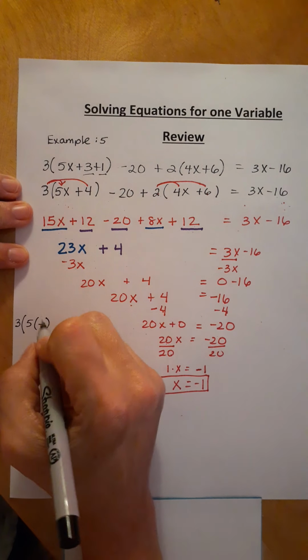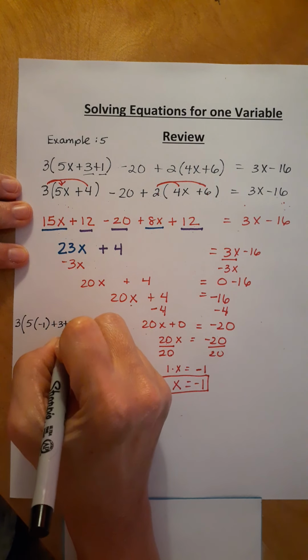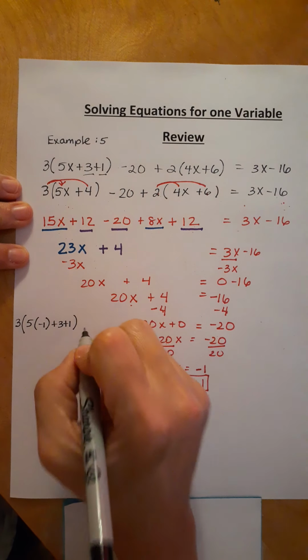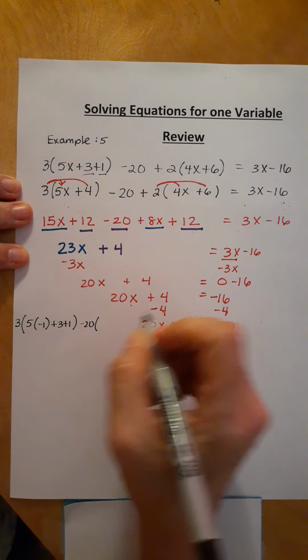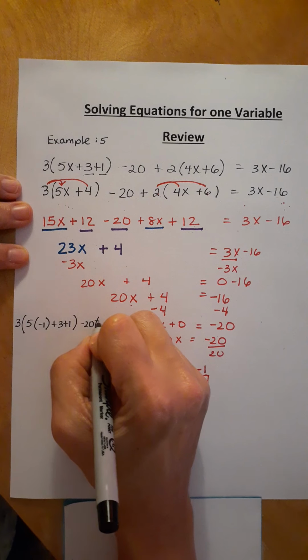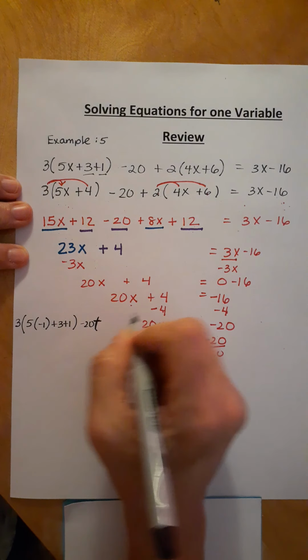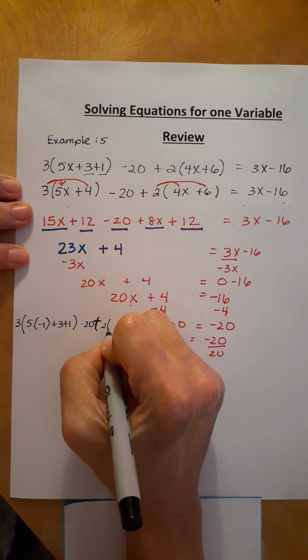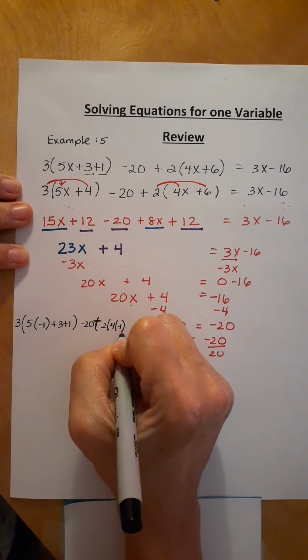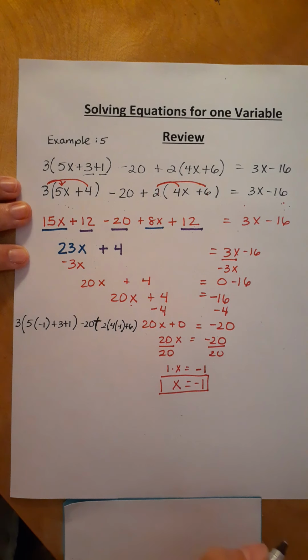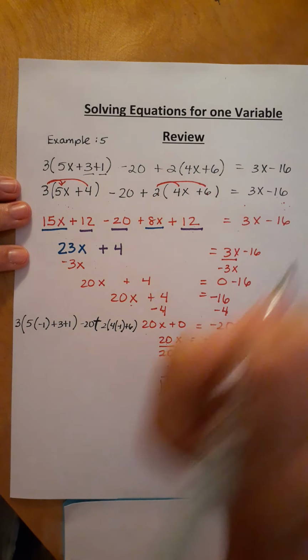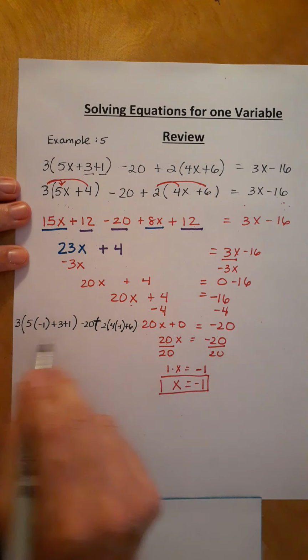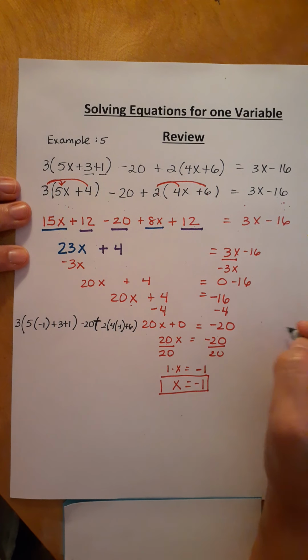It's going to be fun because there's a negative. Plus 3 plus 1, -20. Oops. Plus. My bad. Plus 2 times 4 times -1 plus 6. Oh, this is going to be fun. And now we'll wait to do the other side in a minute. Let's figure this part out. And on the other side here, we'll do the other side because I ran out of space.